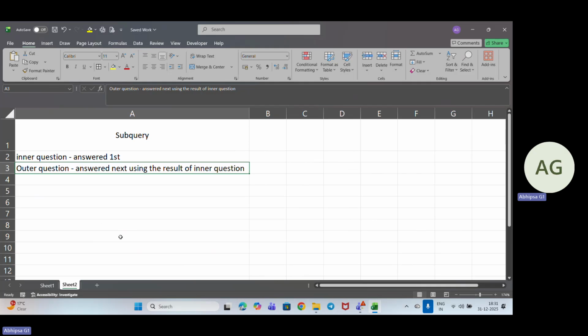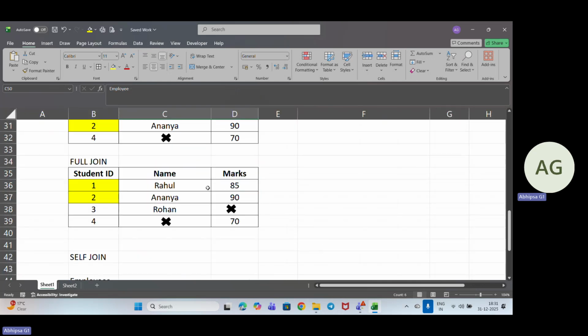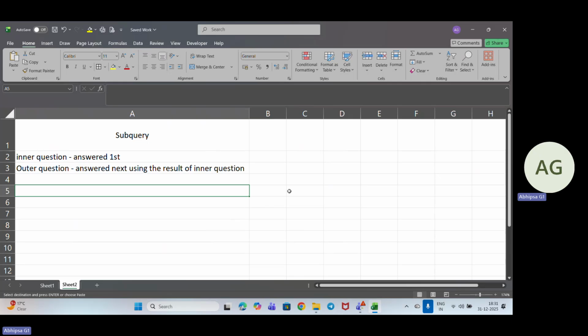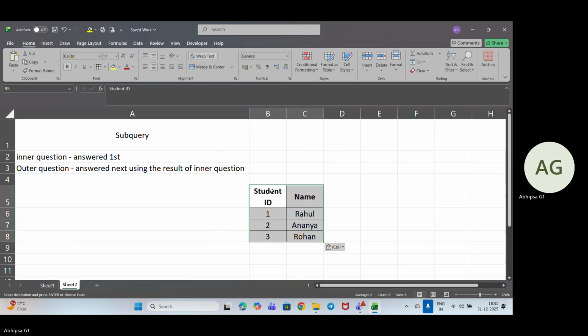Let's simply take an example. So here we have taken the example. And now we just add another name. Suppose 4, we are taking it as Neha.